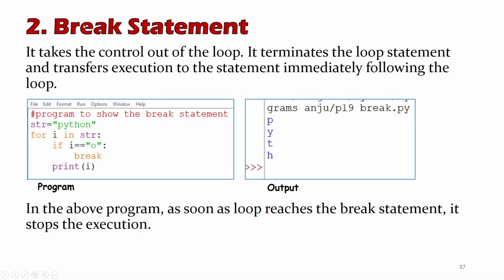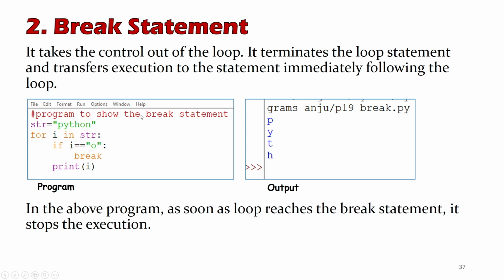Now next is your break. It takes the control out of the loop. It terminates the loop statement and transfers execution to the statement immediately following the loop. Means it will come off this loop and it will start executing all other statements after the loop.